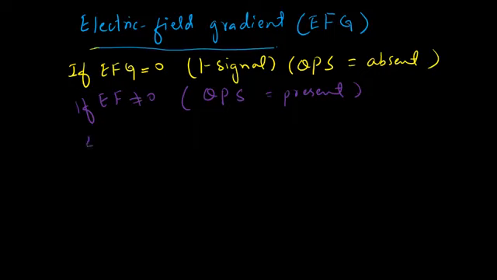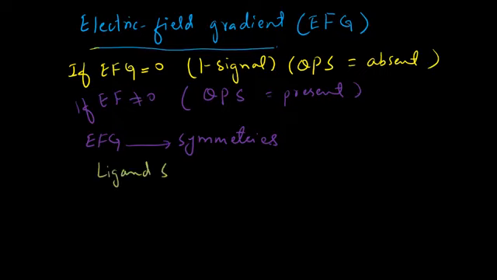The electric field gradient depends on the symmetry. It depends on the symmetries, and symmetries are usually of two types. The first is the ligand symmetry, and the second type of symmetry is the electronic symmetry.